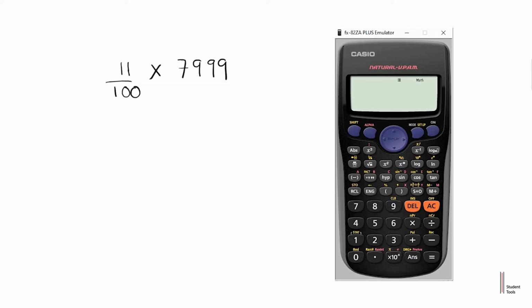So on our calculator, we have 11 over 100, multiplied by 7,999. So that is equal to 879.89. Okay, so that is 11%, which is what Tyler has paid as a deposit.